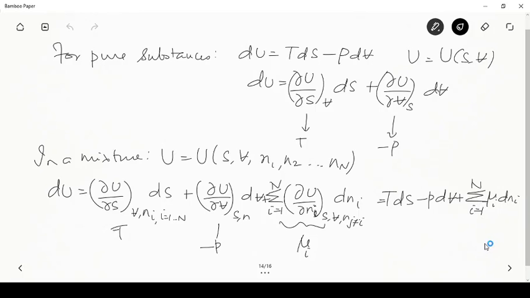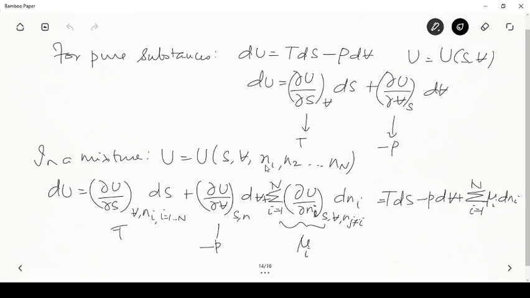That is the way we interpret this, because the dU, which according to the first law is caused by heat transfer or work transfer due to various modes of work in this system with multiple components like N1 to Nn, has n additional modes of work because of the change of each of these species.